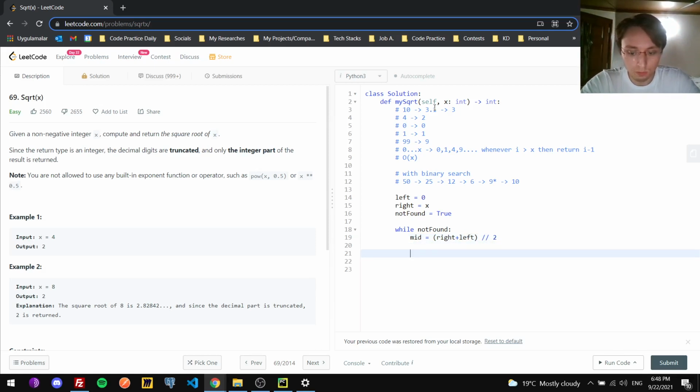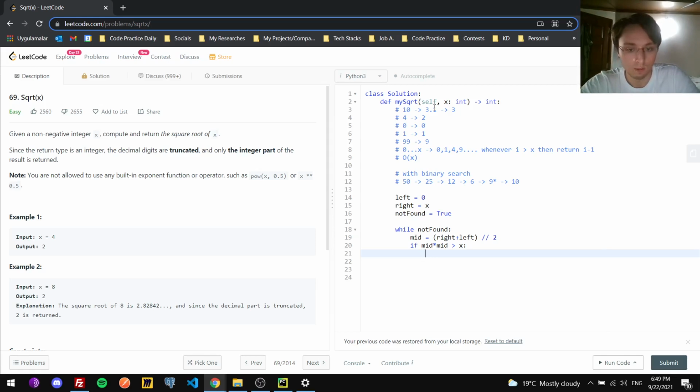So if the square of mid is equal to x, or if it is greater than x, then what do we do? We just have to move the right pointer to the left, right? Because we want to get rid of the mid and a half.